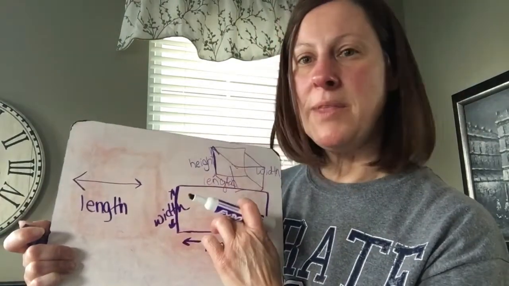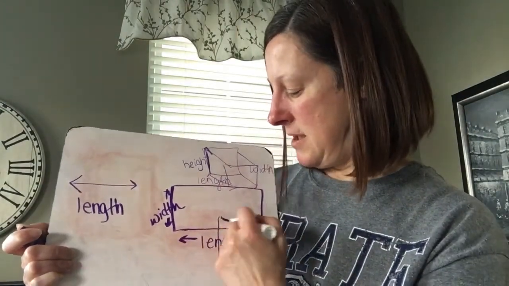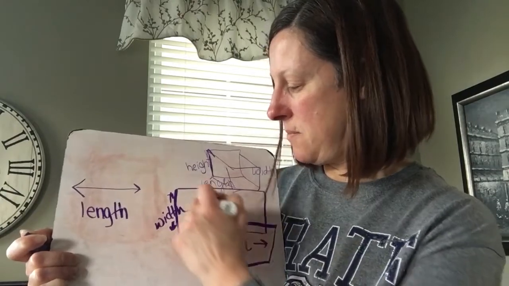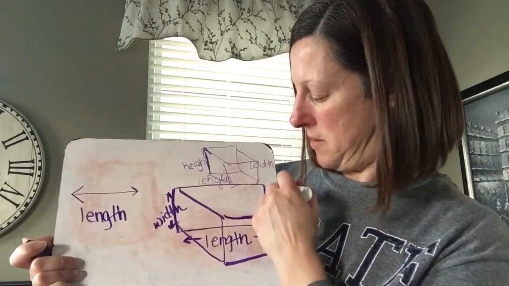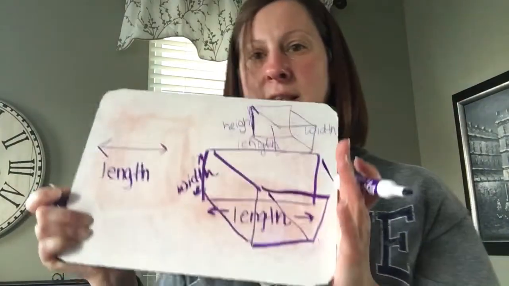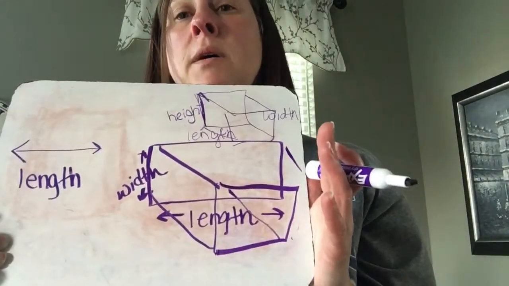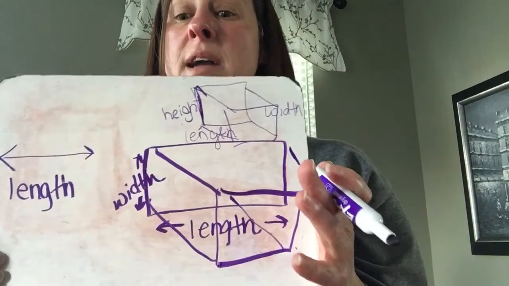I can do the same thing with this two-dimensional figure. I can draw it very similarly, but now when I draw it as a three-dimensional figure, I can see that I've drawn some height to it, okay? So I want to show you a few solids you might be familiar with that have a third dimension.